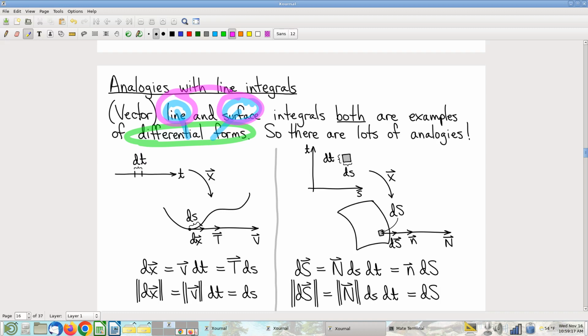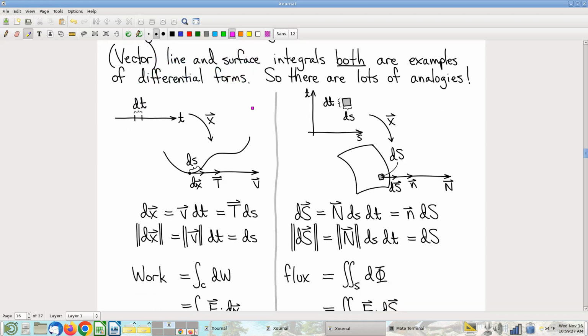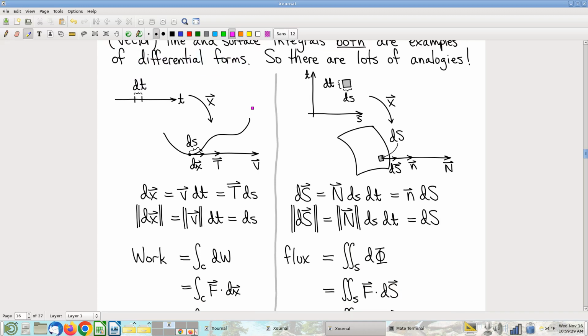The fact that they are both ultimately coming from the same place suggests that maybe there should be some connections here. And ultimately, that's why these connections and analogies that I'm about to show you exist. This is not a coincidence. This is ultimately because we're talking about kind of the same things.